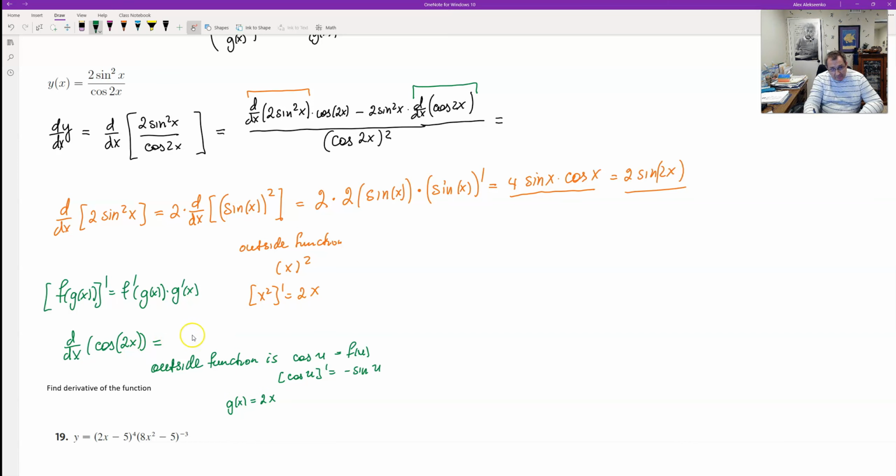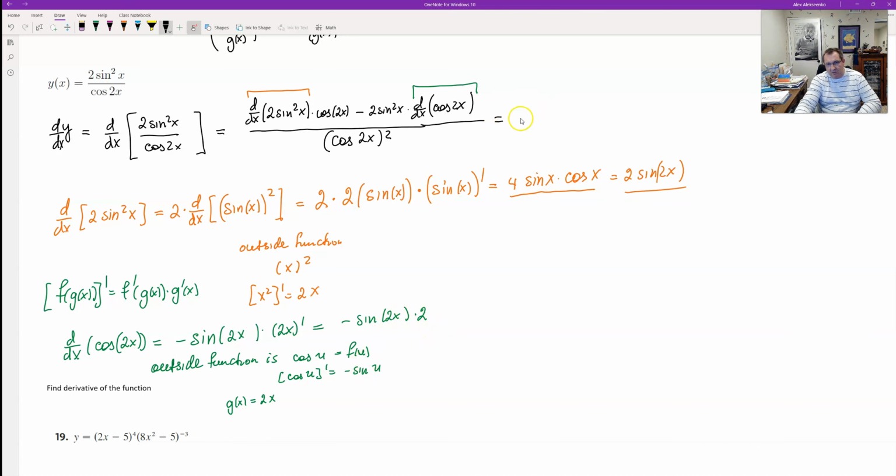So here we go. When we take the derivative of the cosine, it is negative sine, so we'll have negative sine. However, instead of u, we will substitute g of x, which is 2x. And then we will take 2x and differentiate. So negative sine of 2x times 2.